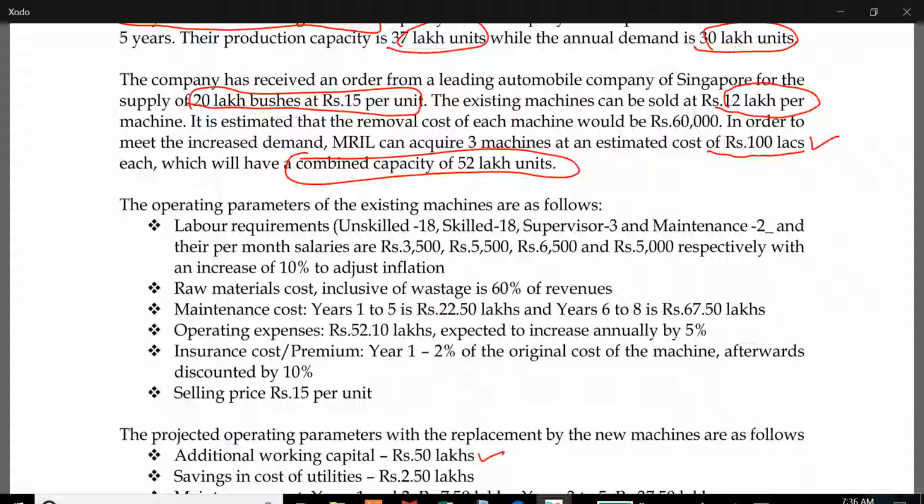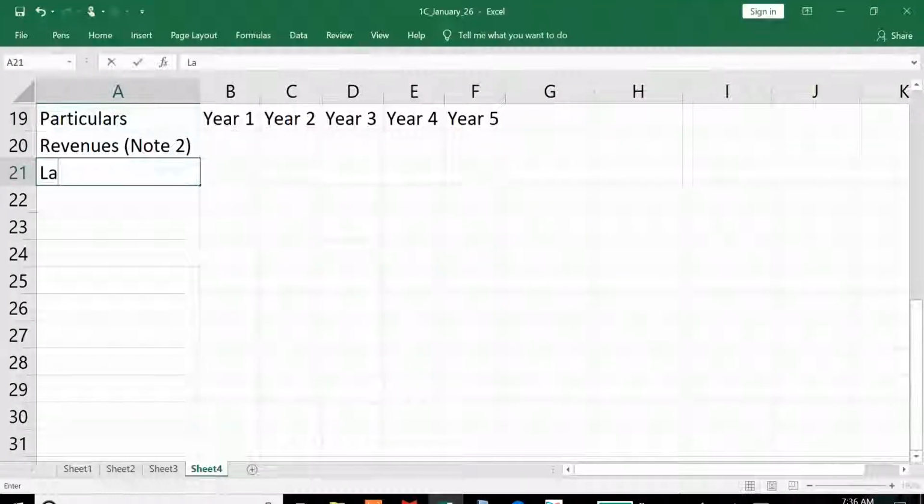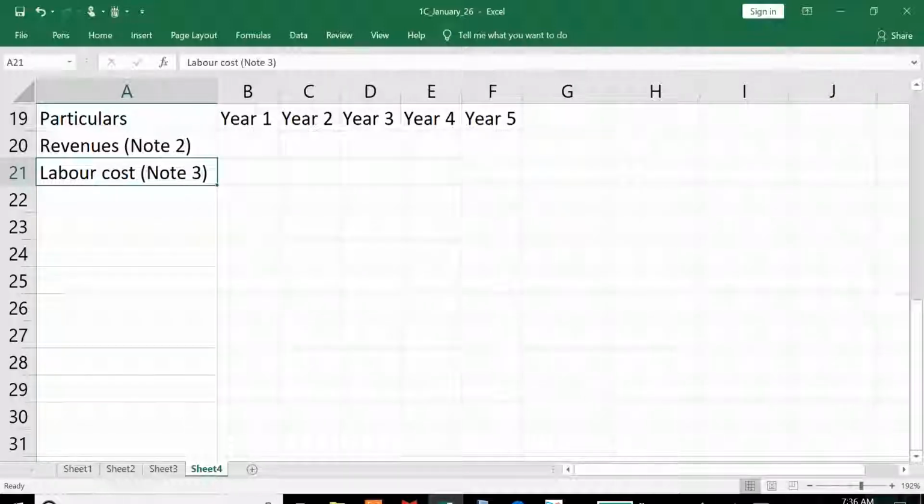Second part, the operating parameters of the existing machine are as follows. Labor requirements. So there is a labor requirement. I will write labor cost in bracket note 3. In note 3 you will do existing labor cost, new labor cost. If you save, put it as positive.